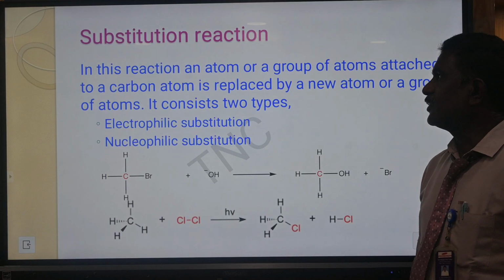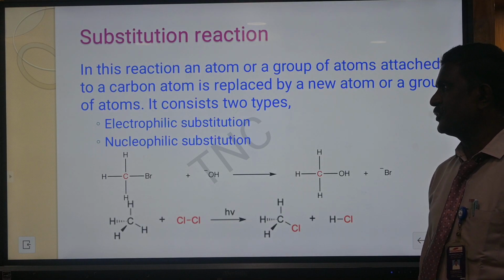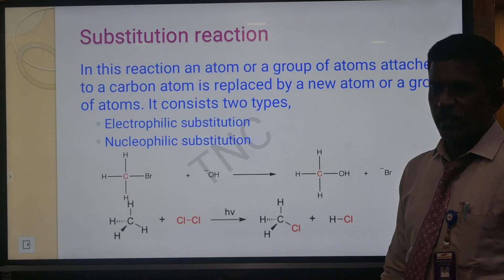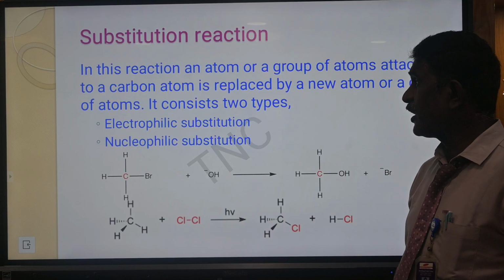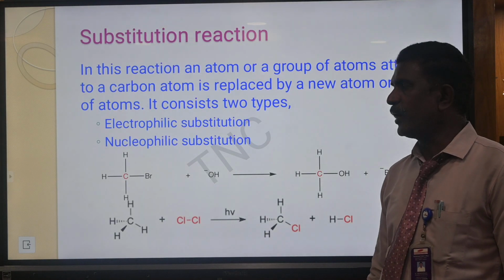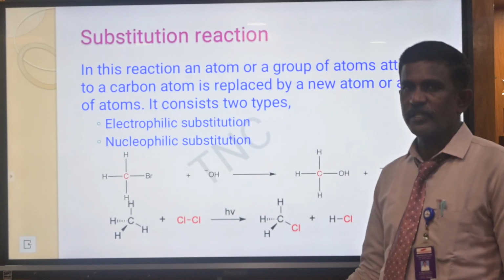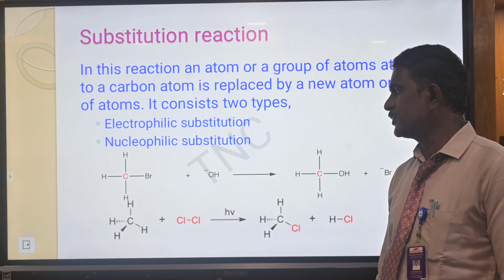And this is the second type of reaction, substitution reaction. Here, a small atom or a group of atoms is replaced by another atom or group of atoms. Again we can have two types, electrophilic and nucleophilic substitution.